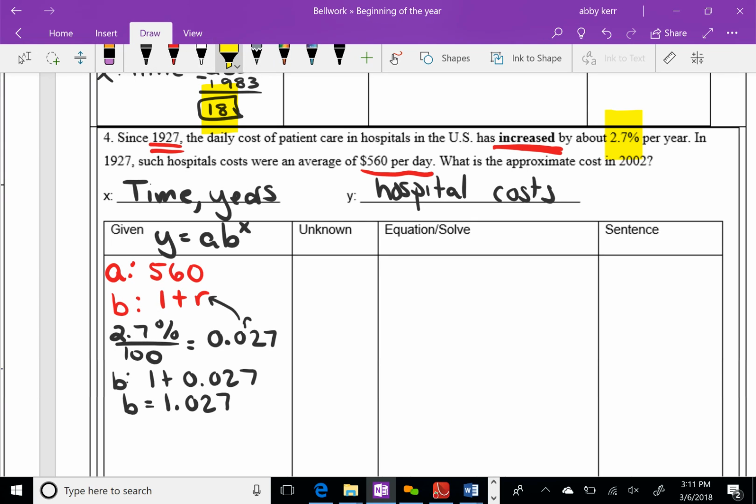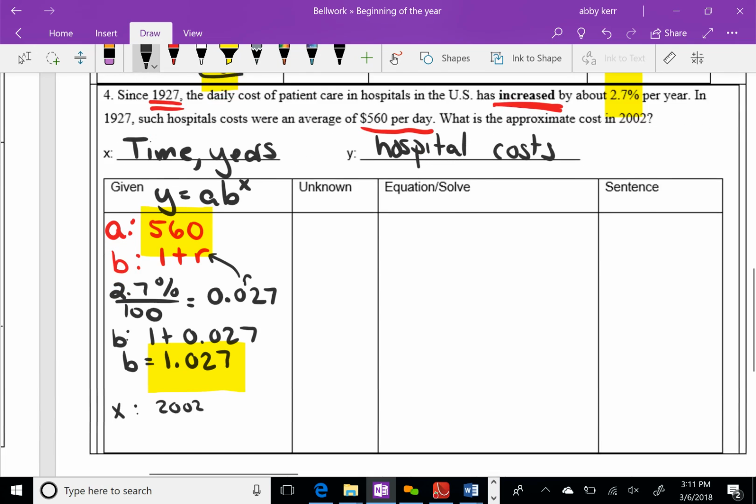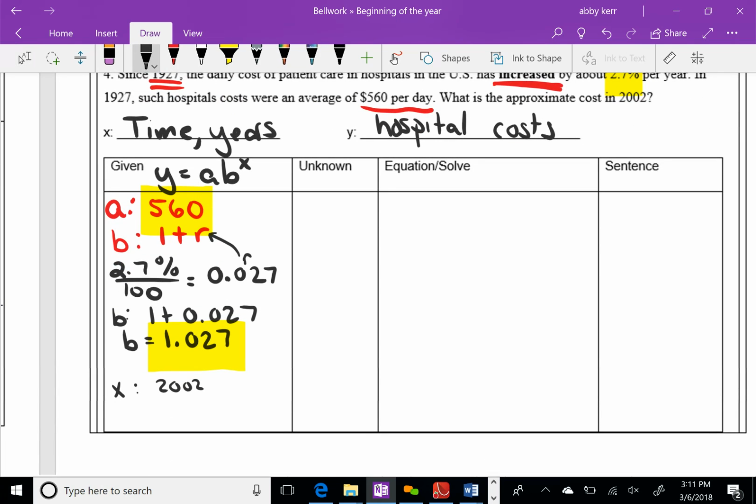So far, we have our a value, we have our b value, and since we're evaluating, we're going to need our x value. We care about the cost in 2002, and you need to look at the year we started, which is 1927. So to figure out how many years went by, you need to subtract. So 75.